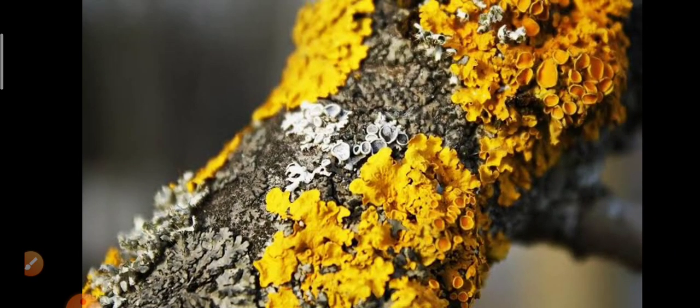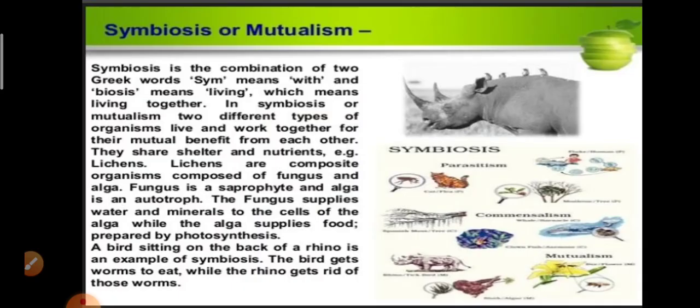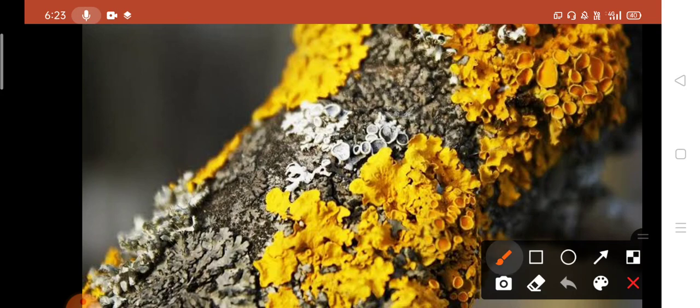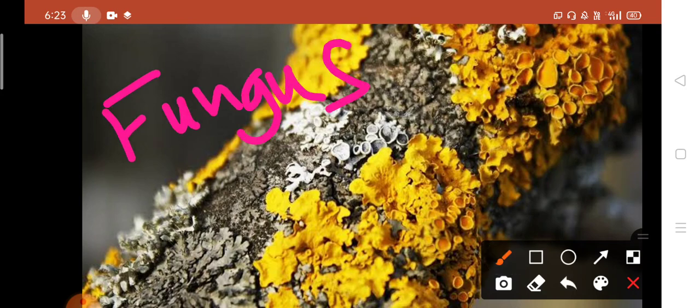Okay, students. Here lichens are composite organisms of fungus and algae. It is a combination of fungus plus algae.